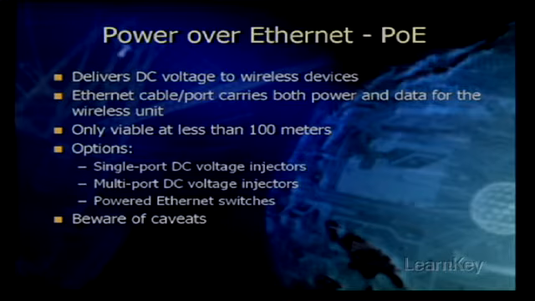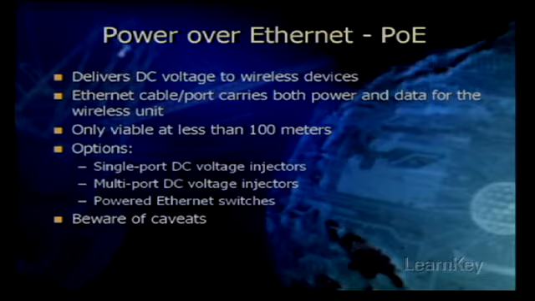Second, and also very similar to this, is that the output voltage required to power a wireless LAN device is going to differ from manufacturer to manufacturer. You want to be very careful when you're dealing with using different equipment and PoE. When in doubt, ask your manufacturer or the vendor.